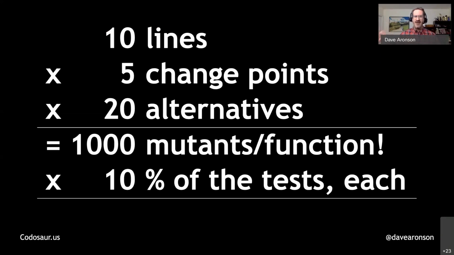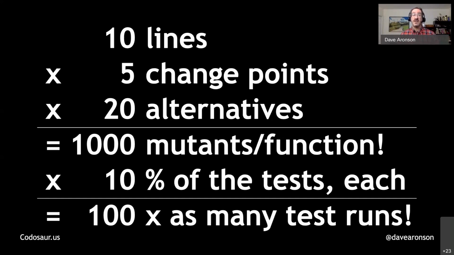Since we start with 1,000 mutants, that's still 100 times the test runs for that function compared to just running the tests. If our unit test suite normally takes a zippy 10 seconds, mutation testing will take about 1,000 seconds, which might not sound like much because I'm saying seconds, but do the math, and it's almost 17 minutes.